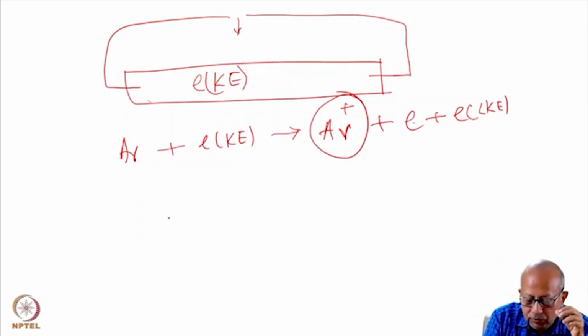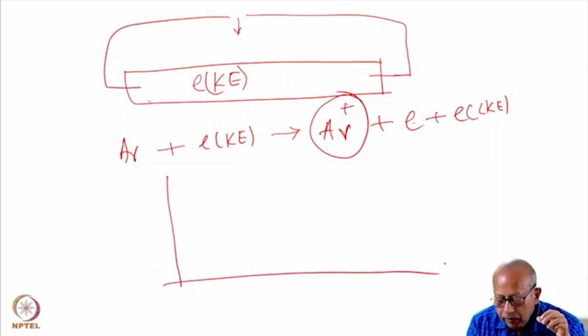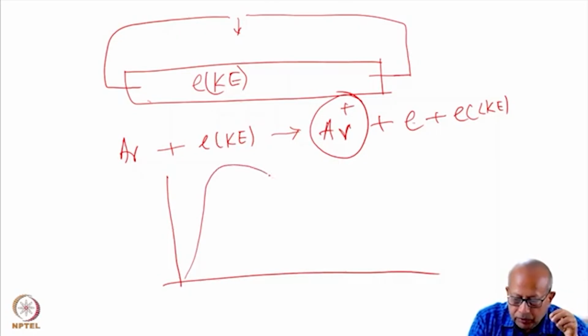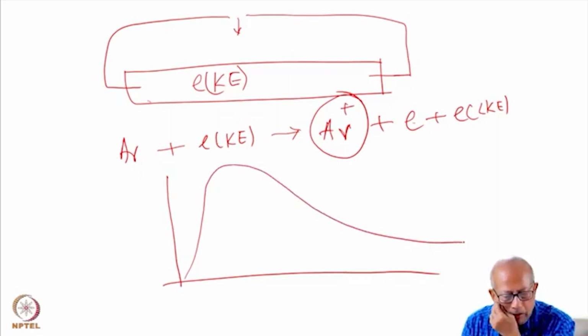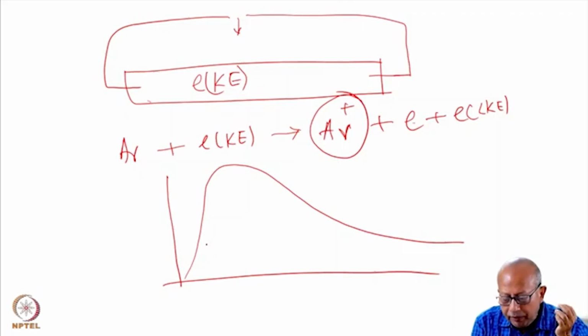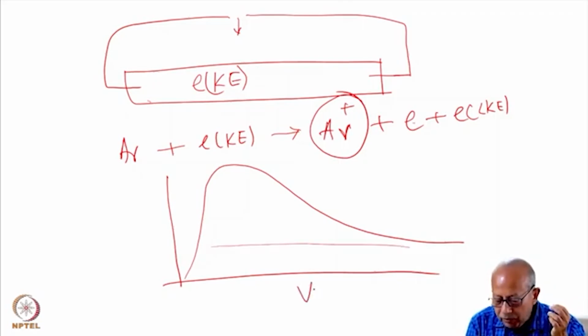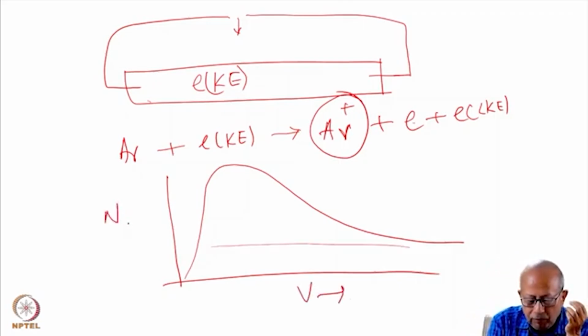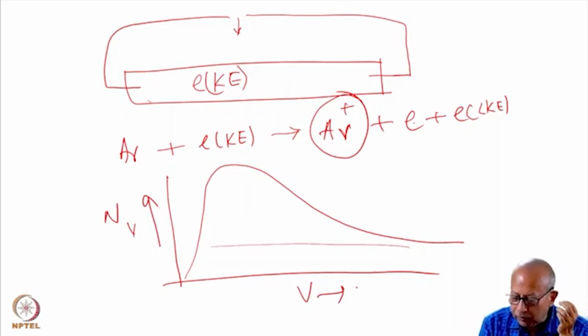because as you know, the kinetic energy of the electrons in the discharge, essentially the velocity of the electron, will follow a Maxwellian distribution. That means the electrons will have a range of velocities. This is the velocity, and this is the number of electrons with that velocity.